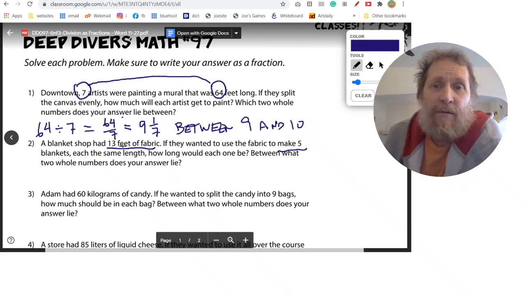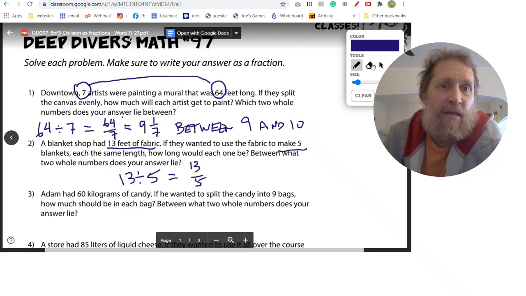So they're going to be pretty skinny blankets. But what I get is 13 divided by 5, right? 13 fifths.